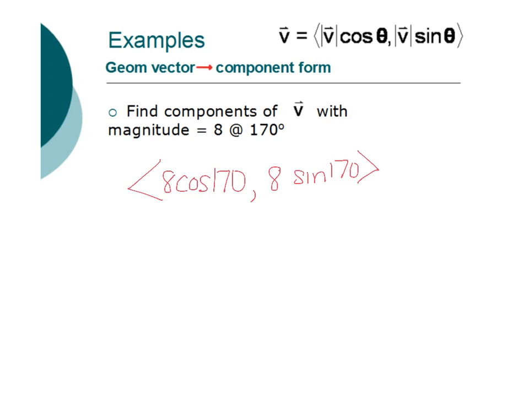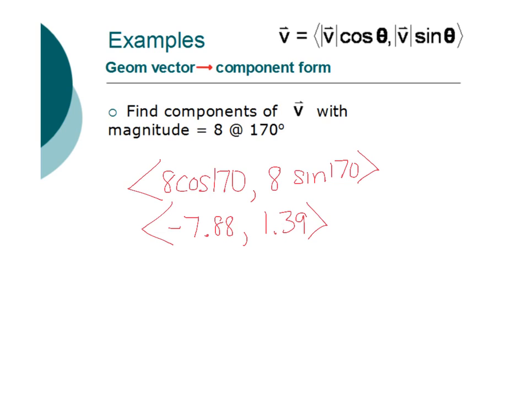So let's go to our calculator. Since those are not unit circle values, we'll take 8 times the cosine of 170, and I have negative 7.88. Then I'm going to take 8 times the sine of 170, and I get 1.39.